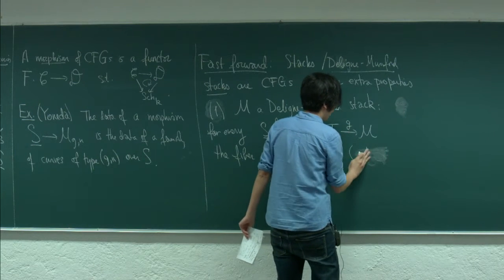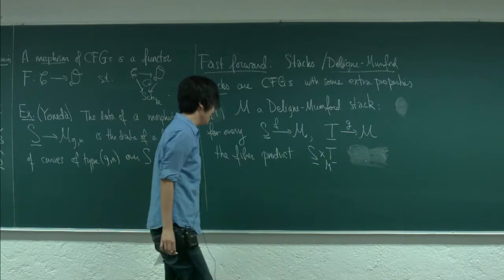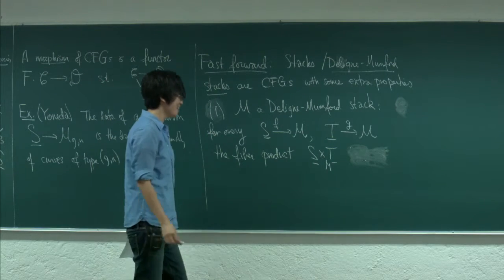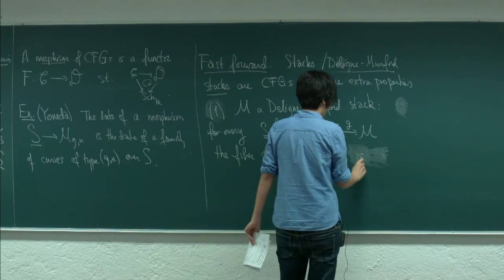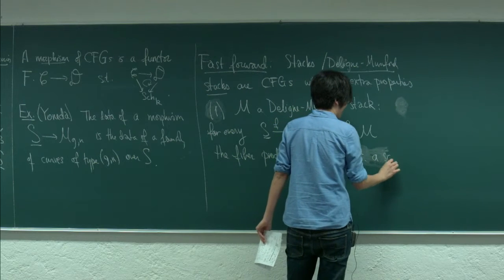I won't define it. It is defined, but I'm not going to do it now. So the fiber product exists, and it is a scheme over K.